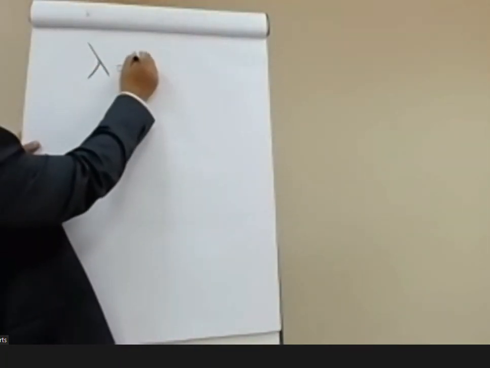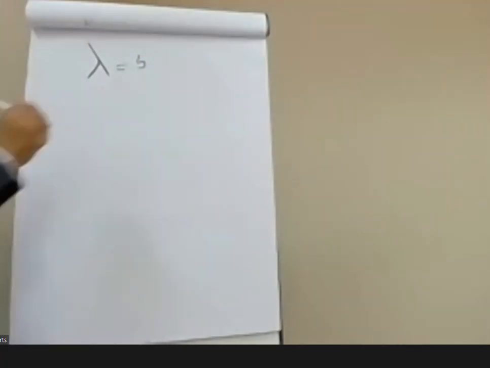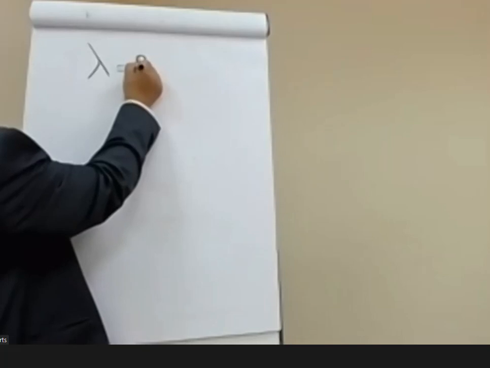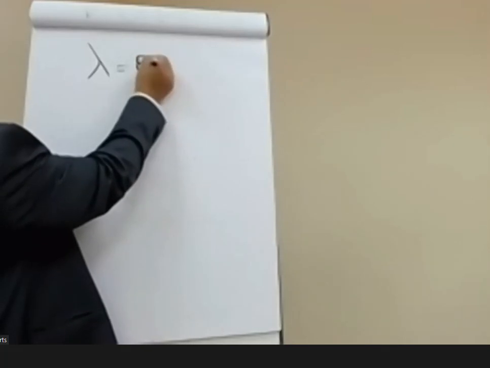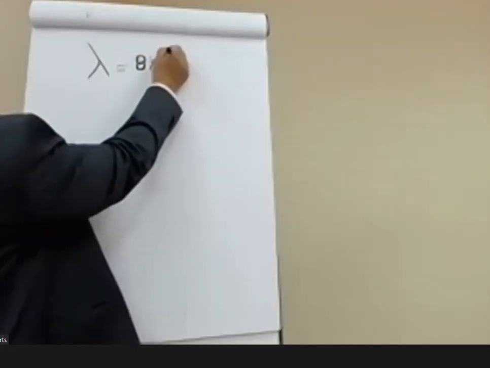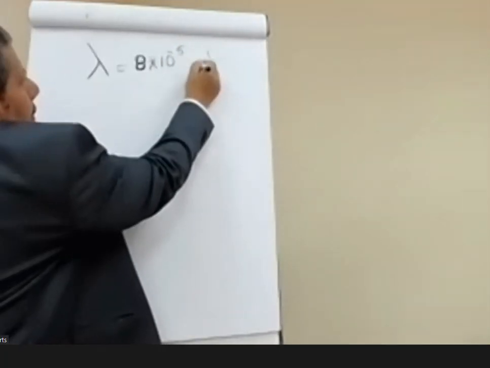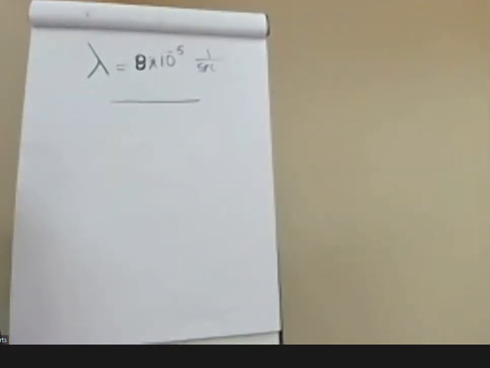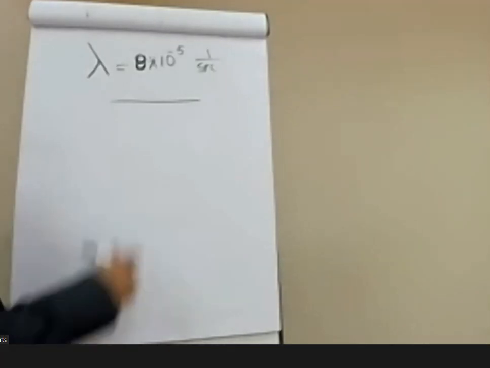Lambda equals 8 times 10 to the minus 5, 1/second. What is the meaning of this number? I will write it in fractional form to give the meaning in both forms.